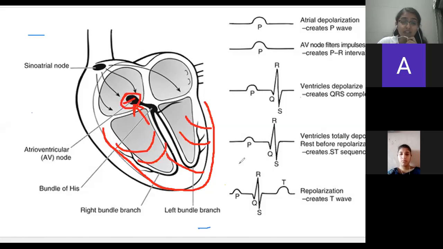There is efflux of the positive current from the body. There is rapid efflux of the positive current. Thus the vector head is negative, and because negative is reaching towards negative, the deflection will be positive, and that is why you get a positive T wave. That is the positive deflection of ventricular repolarization.